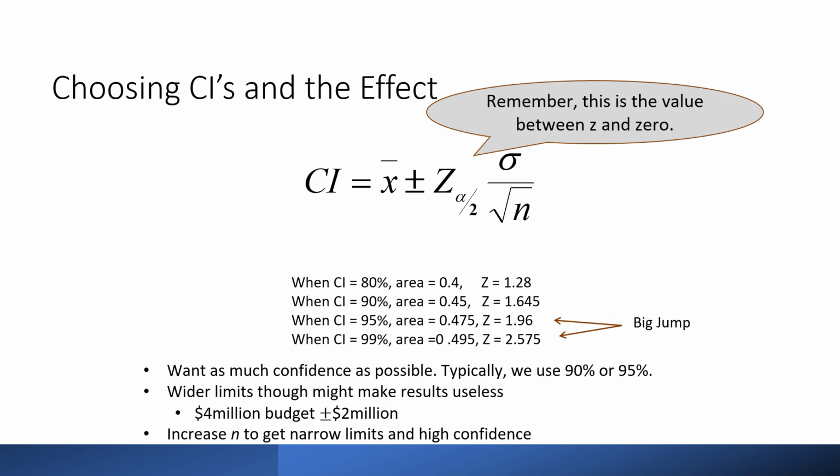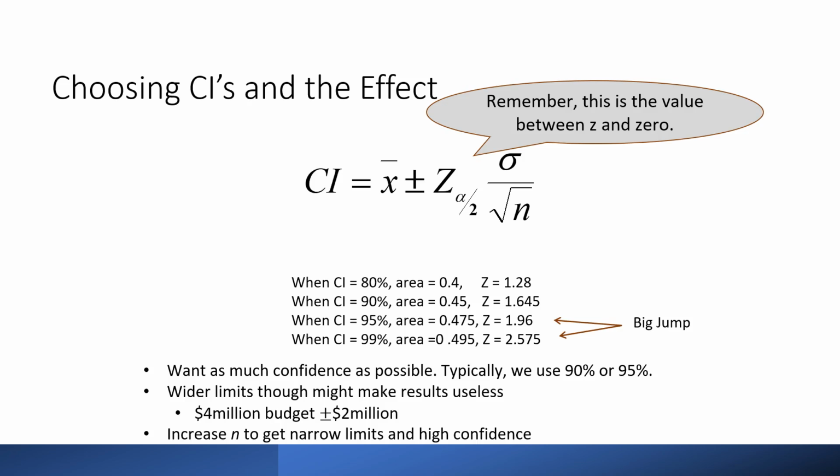And so remember, when you're doing this, you want to have as much confidence as possible. So typically, you're going to use the 90 or 95% confidence level. Wider limits can tend to make your results a little on the useless side.